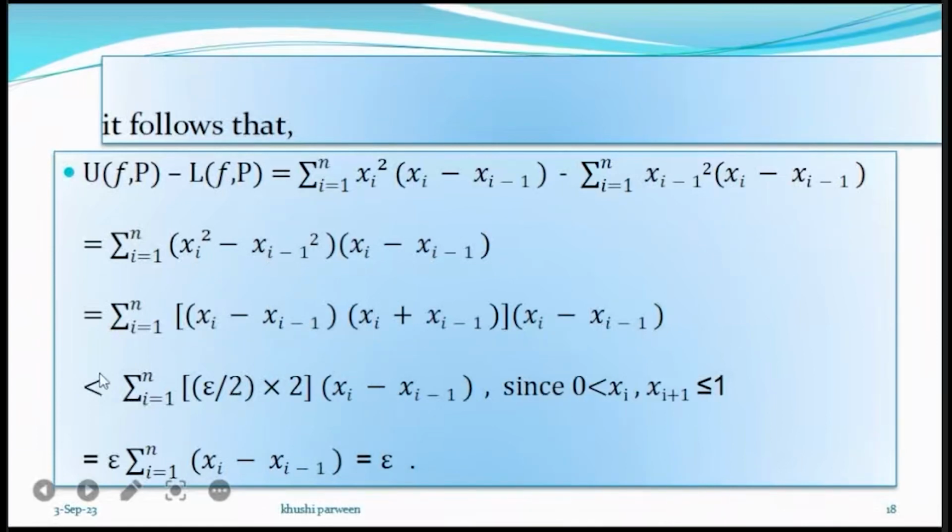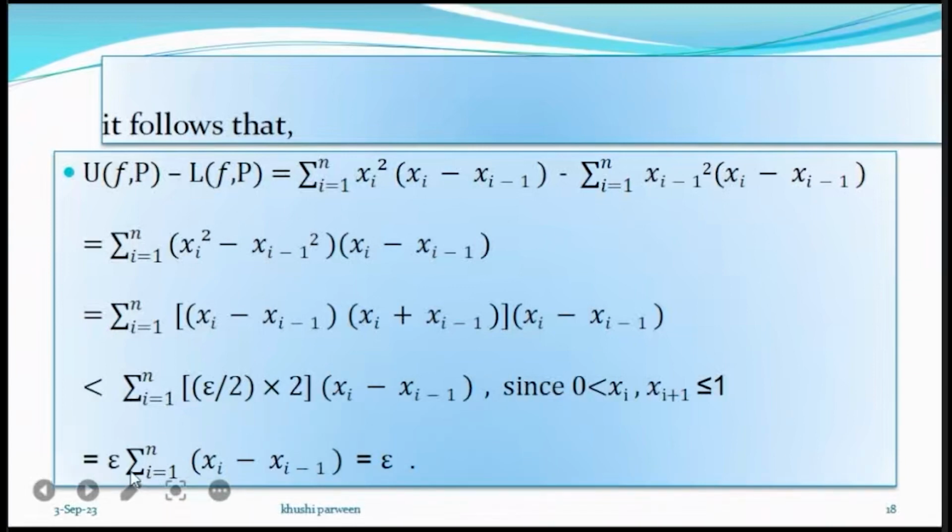This is as it is, which is less than summation i equal to 1 to n, and as we have given, x_i minus x_(i-1) is less than epsilon by 2. So here we write less than epsilon by 2 into, and this is written as 2 because x_i and x_(i-1) lie in the interval 0 to 1, so their sum is at most 2, and x_i minus x_(i-1) is written as it is, which is equal to epsilon.